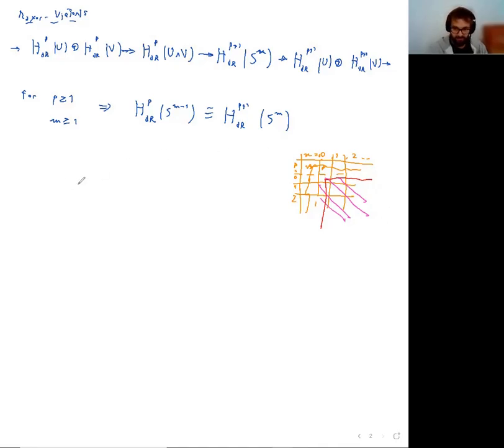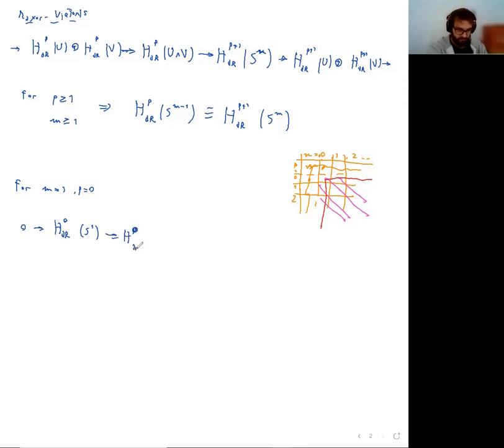So let's see what happens when m is equal to 1, so for m equal 1 and p equals 0. Okay, here you have the 0 cohomology of S^1.